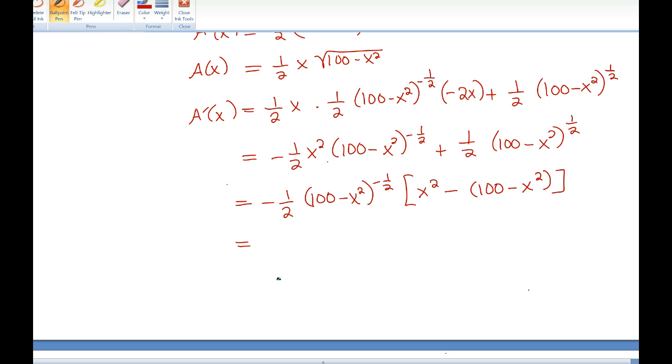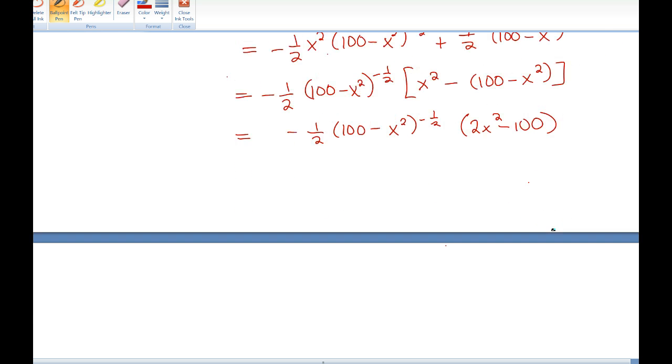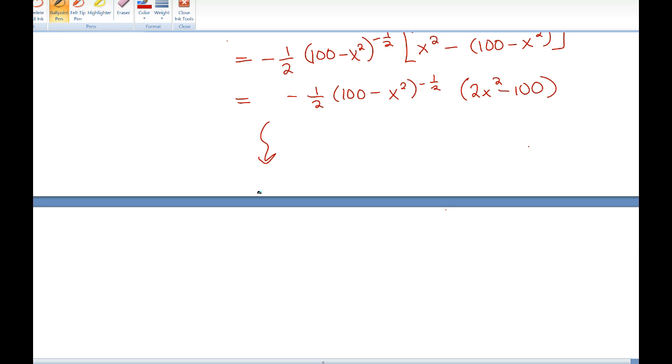Okay, so we get negative 1/2 times 100 minus x squared to the negative 1/2, and then we get 2x squared minus 100. Let me go down to the next page. In the denominator, we get 2 square root of 100 minus x squared, and there's a negative sign out in front, and we get 2x squared minus 100.